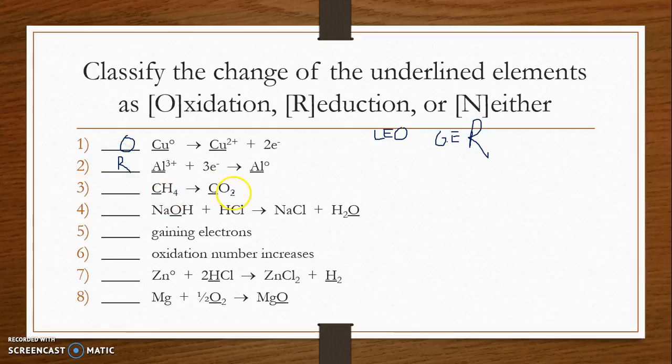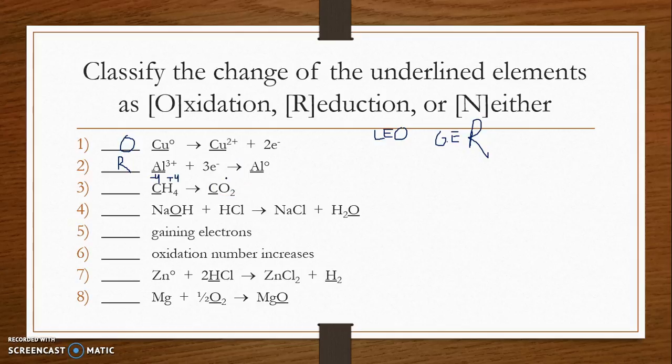CH4 and CO2. So the question is, what kind of charge does this have? Well, you have to look at what it's attached to. There's 4 hydrogens, and each hydrogen has a positive 1 charge, which gives us a total of a positive 4 charge. Well, to cancel it out, it has to be a negative 4 charge. Okay with that? Hope so. All right, there's 2 oxygens.